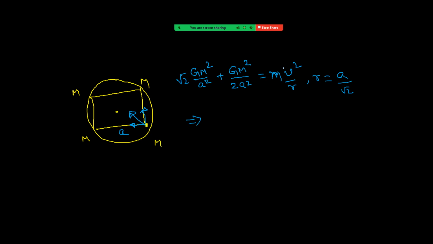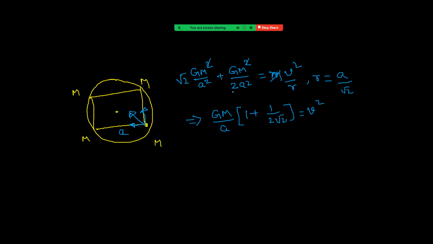Then see what we get. 1 m gets cancelled. Okay, in the place of this, right now it is a by root 2. Then see what we get. Gm by a square. Sorry, gm by a. 1 a gets cancelled. Remaining is now 1 plus 1 by 2 root 2. Check once. Root 2. We are having a by root 2, so I have taken root 2 here.